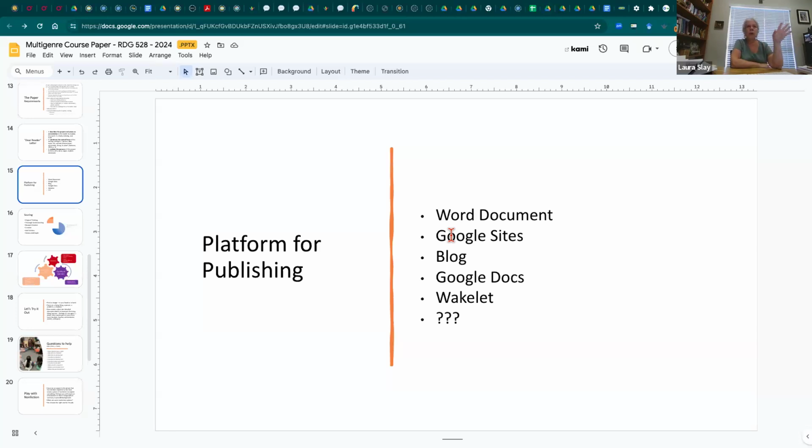There are real blogs too, like Blogger. I'm totally open and don't care how you choose to publish it, but it has to be published to the Padlet in some form or another, because I want at least your peers to see this, apart from me. Does that make sense? Okay.